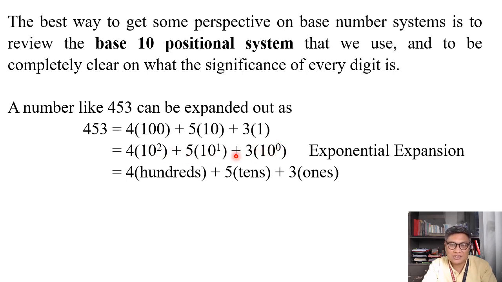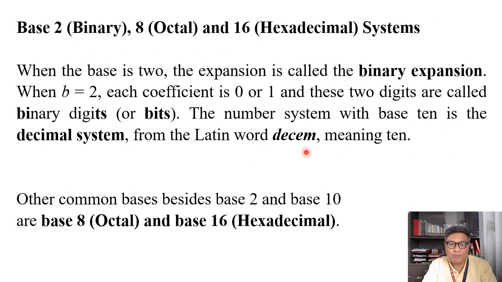We need this concept so that when you convert base 2, base 8, or base 16 into base 10, we use it. So go back a little bit and recall how our number system is introduced to us as a positional system.